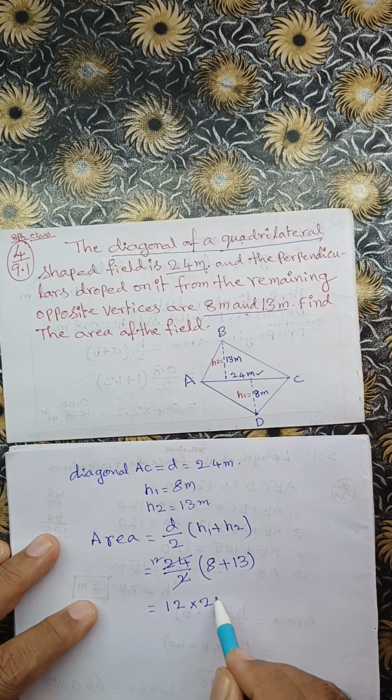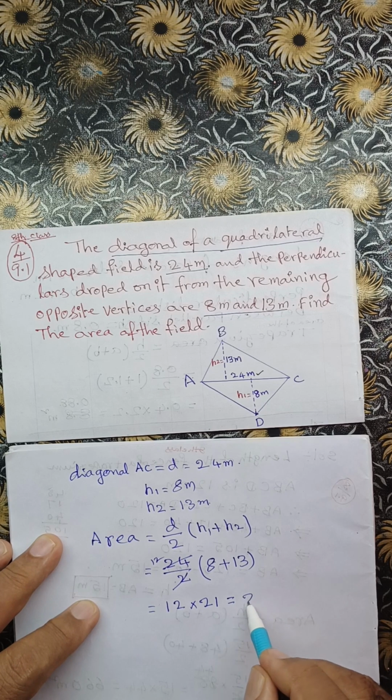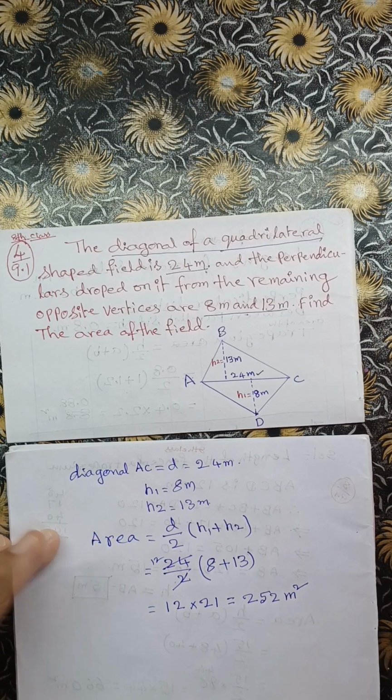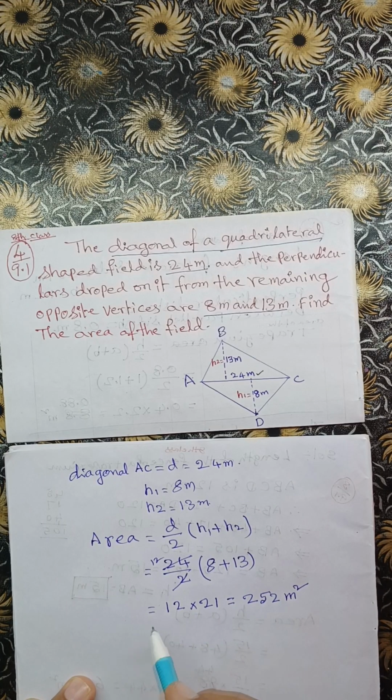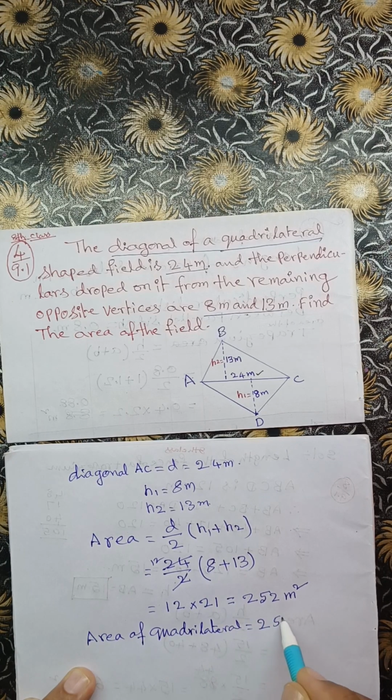It is 21, is equal to 252 meter square. So, the area of quadrilateral is equal to 252 meter square. This is the answer.